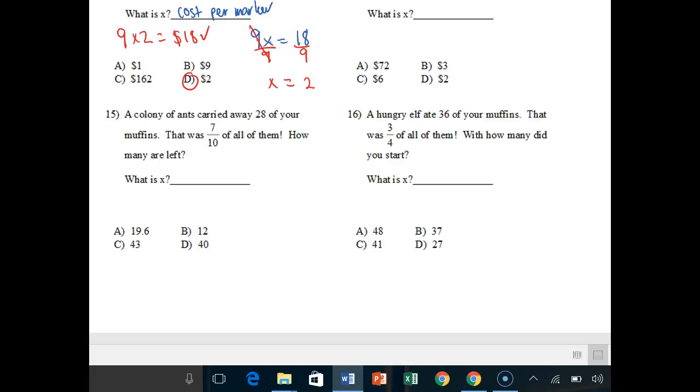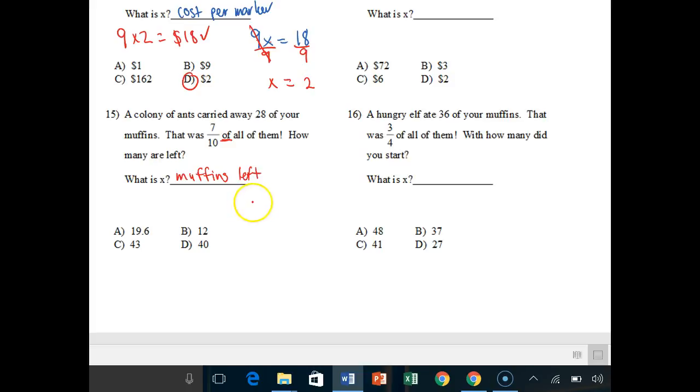All right, the last one has some fractions involved, and I want you to pay pretty close attention to this one. A colony of ants carried away 28 of your muffins. That was 7/10 of all of them. How many are left? So muffins left are X, and you're trying to figure out what is 7/10 of 28.